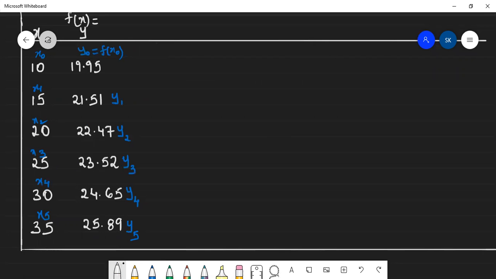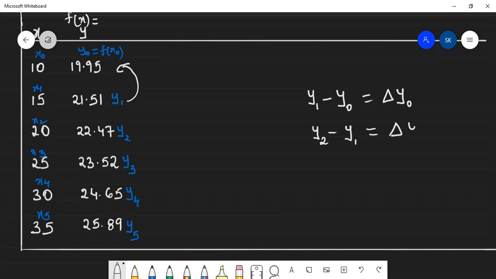Now what did we see the other day? y1 minus y0, that is second term minus first term, will give you forward delta y0. y2 minus y1 will give you forward delta y1.